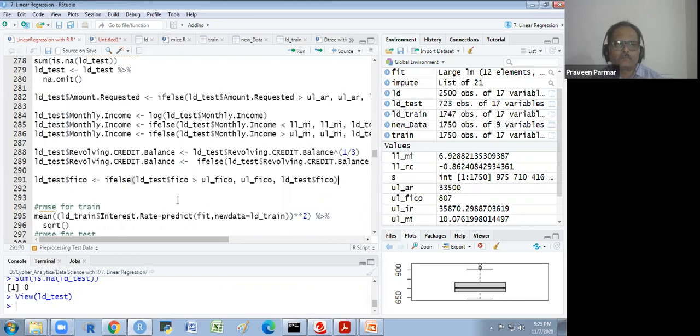I think we have completed the amount requested, monthly income, revolving credit balance, and the FICO. Okay. This we had only.